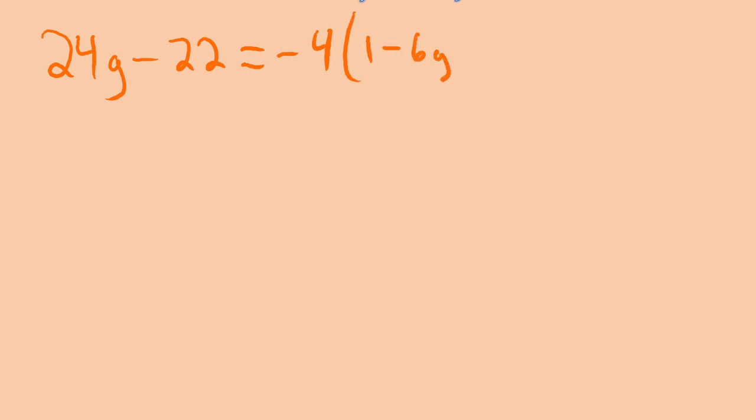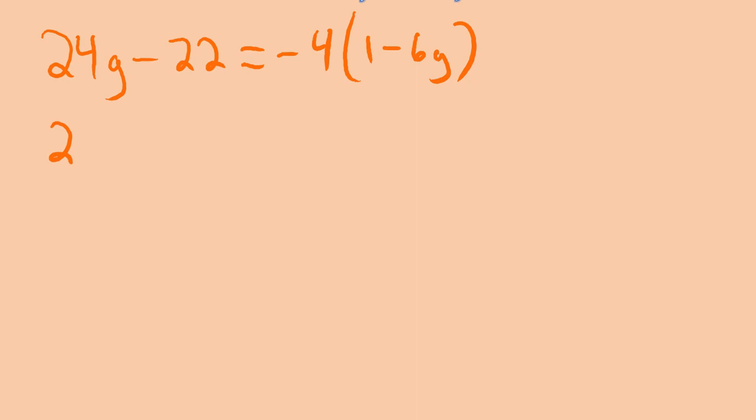We got 24G minus 22 is equal to negative 4 times the quantity 1 minus 6G. There we go. All right, I'm going to get rid of those parentheses first.